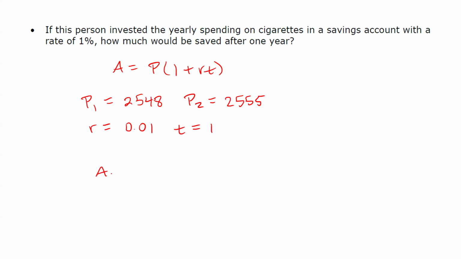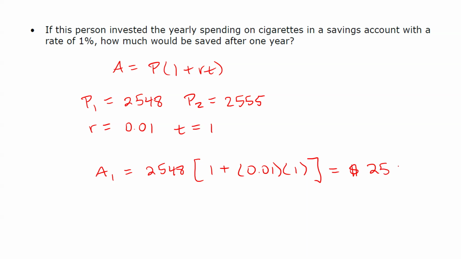So the future value for the first principle, 2,548, and then we multiply that by 1 plus R, 0.1 times T, which is 1, will get us $2,573.48.